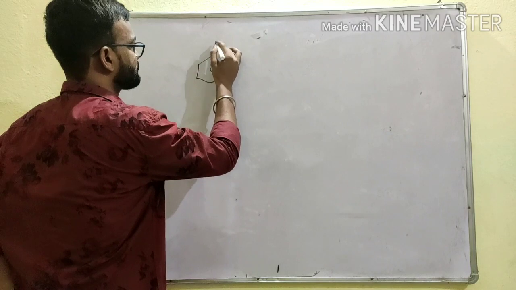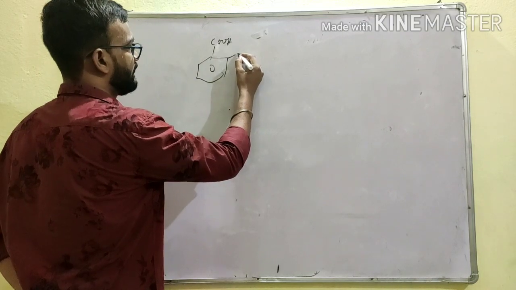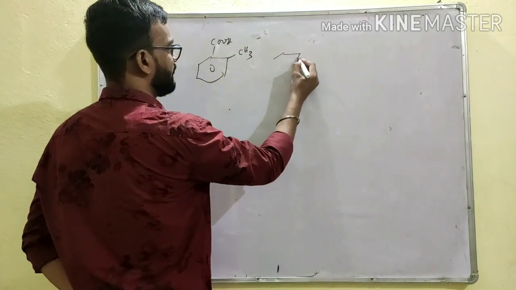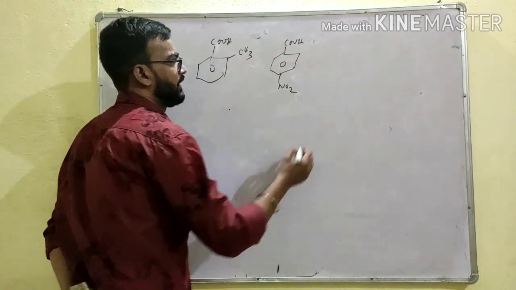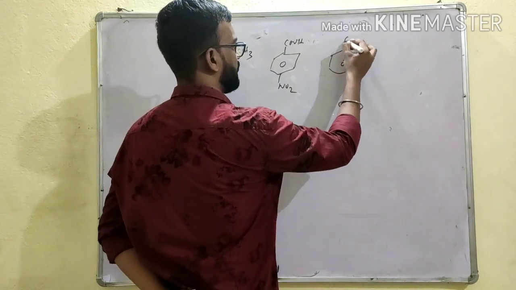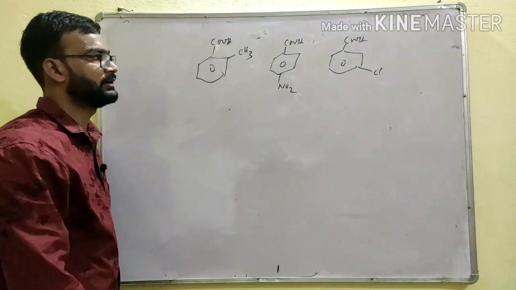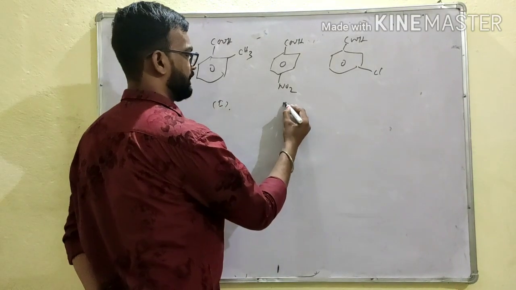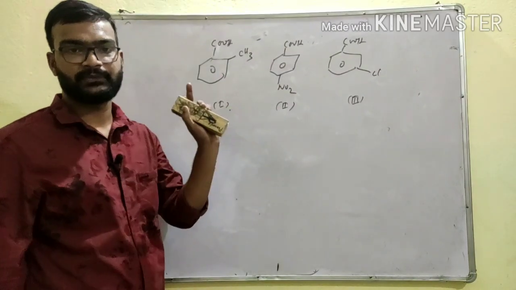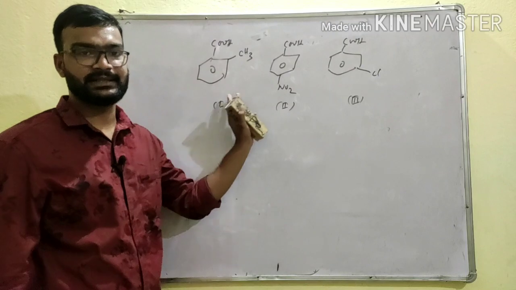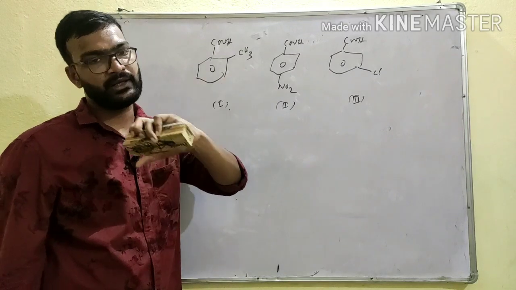If I have benzoic acid with CH3 at the ortho position, in another case NO2 at the para position, and chlorine at the meta position, so you have three molecules and you have to decide which is more acidic and which is less acidic, and what is the order of acidity among the three species. Just think and give it in the comment section.